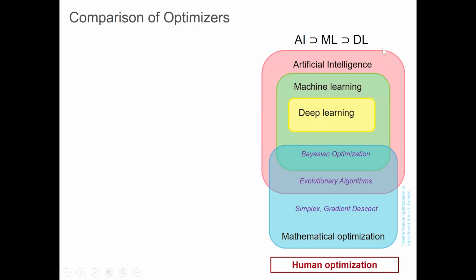I'm sure most of us are familiar with this diagram where artificial intelligence contains machine learning, which contains deep learning. Basically, what people think about artificial intelligence is that we try to teach the machine to exhibit some sort of intelligence, like reasoning.